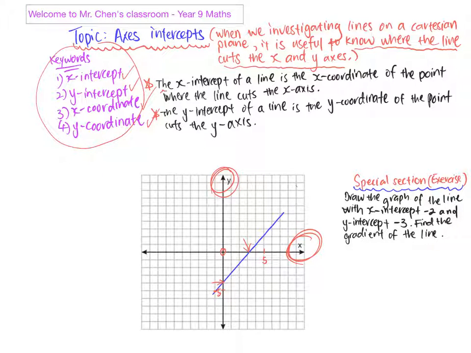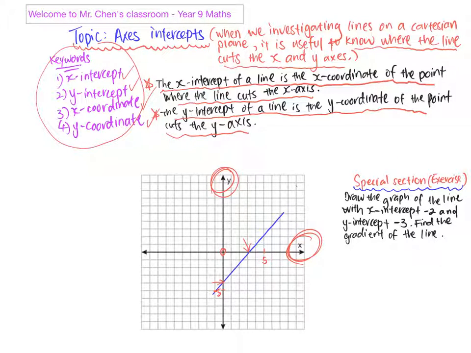The x-intercept of a line is the x-coordinate of the point where the line cuts the x-axis, okay? And the y-intercept of a line is the y-coordinate of the point where the line cuts the y-axis.